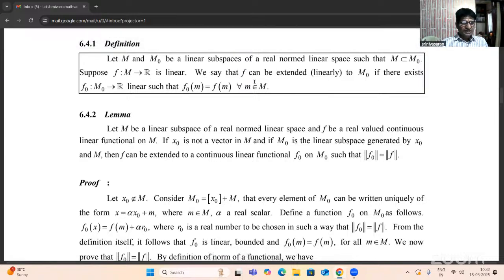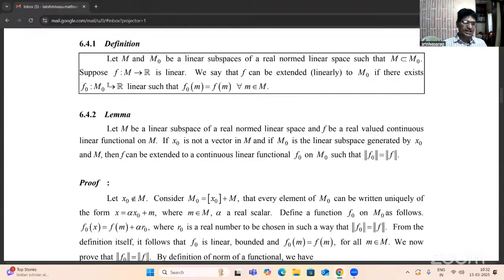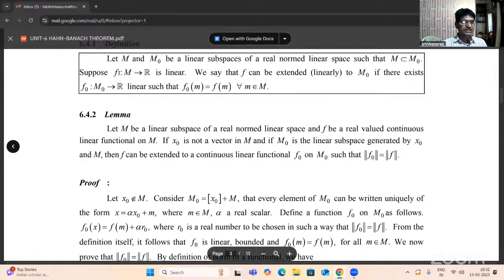Now that linear map can be extended to M0. Here, given the linear functional, it can be extended linearly to M0 if there exists another linear functional F0 defined from M0 to R. Here M and M0 both are linear subspaces of a real normed linear space. One linear functional is F, which maps M to R and is linear, and the extended map F0 is also linear.